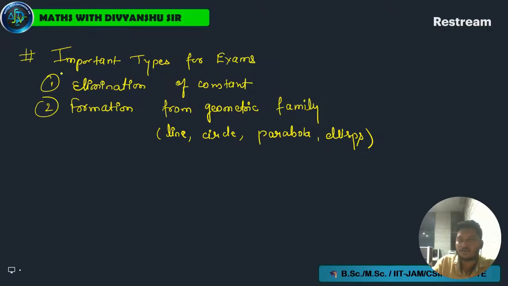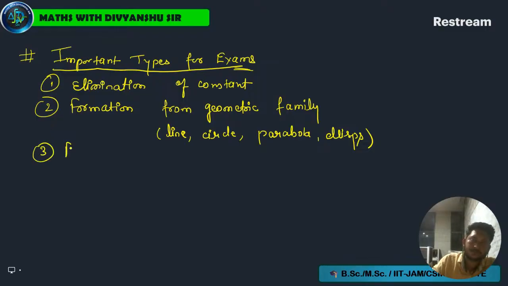I think you understand this. These are important types for exam. First one is elimination of constant type problem. Second one is formation from geometric family like line, circle, parabola, or ellipse. And third one is formation using arbitrary functions.